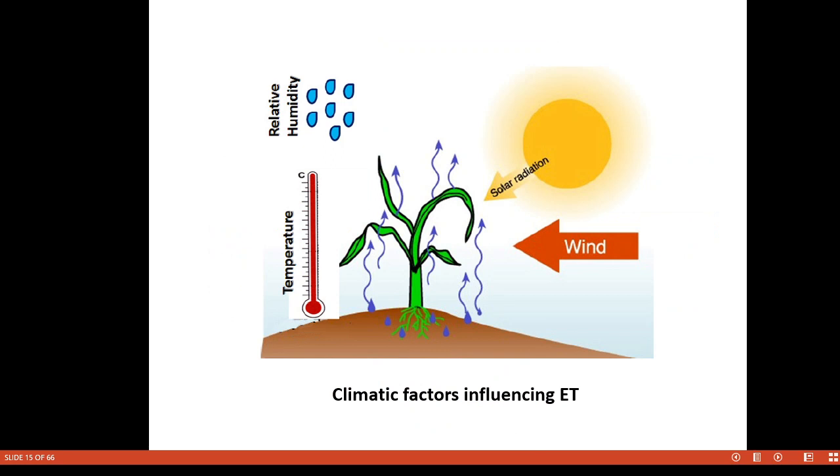So all these factors affect evapotranspiration, and the climatic factors are summarized in this diagram. Higher solar radiation, low humidity, higher temperatures, and also higher wind will increase evapotranspiration, and the vice versa.